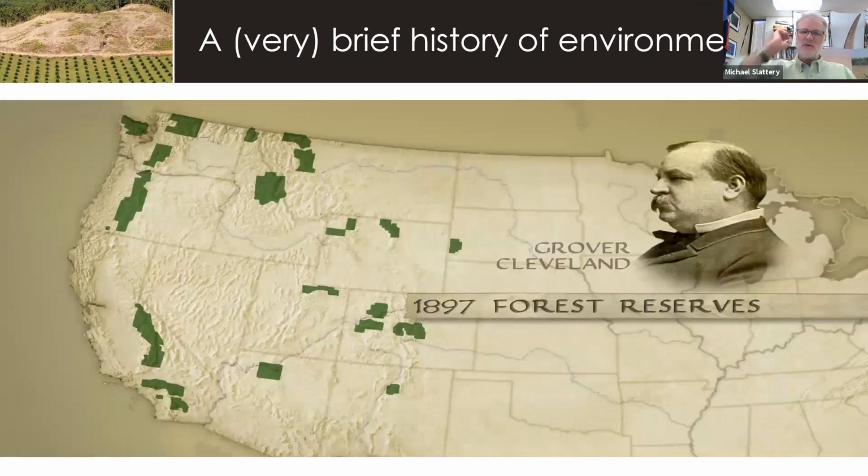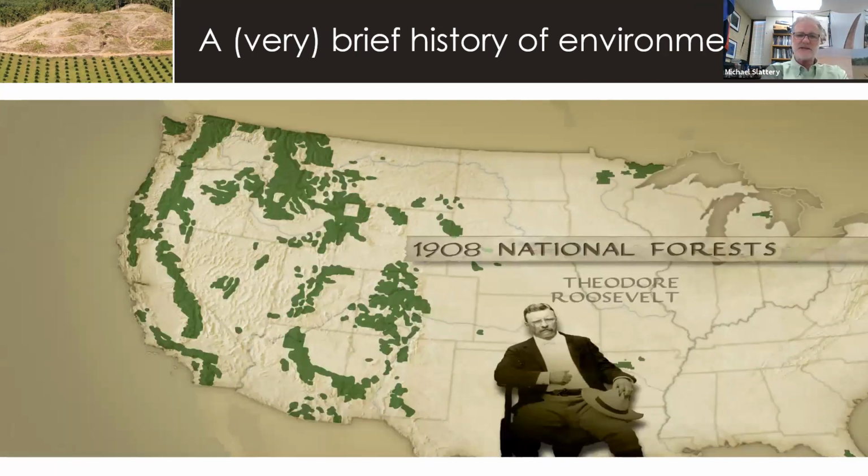And interestingly, if you look at just a map of the forest reserves at the end of the Cleveland presidency in 1897, this is the state of forest reserves in 1897. A decade later, this is the extent of our national forests following these executive orders by President Roosevelt and the establishment of the US Forest Service in 1905.